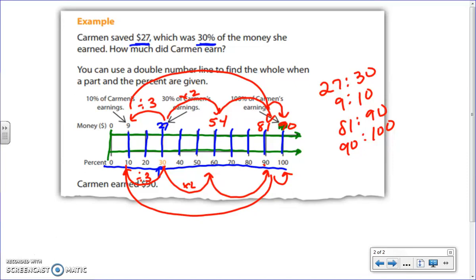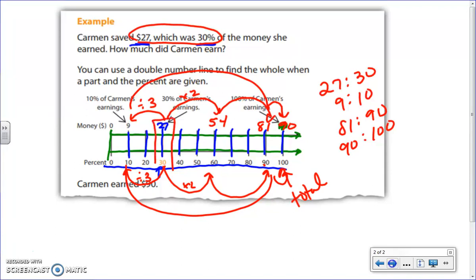So one way you could do this problem, and probably the best way that you would know how at this point without using equations or expressions, would be to draw a double number line, separate it into 10% increments. Start with the given information. 27 was 30%. That was 30% of the total. 100% represents the total. Okay, how much there was altogether.